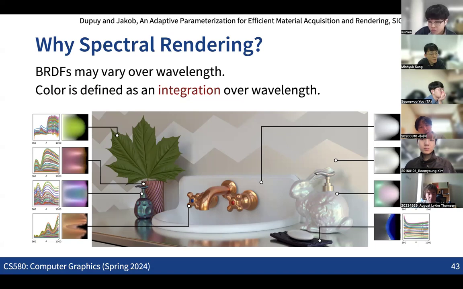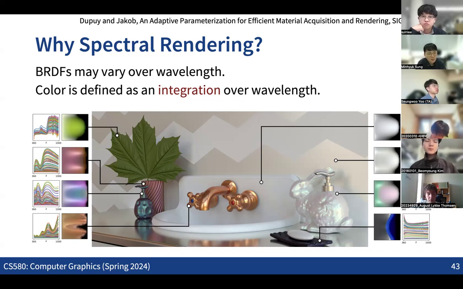These are examples where, depending on the wavelengths, we see different outputs and BRDF functions. More importantly, the color is not defined as a quantity for a specific wavelength sample, but as an integration over multiple samples in the wavelength domain.